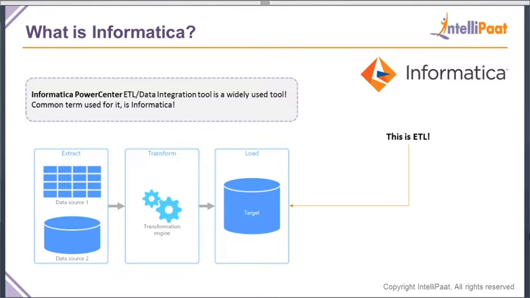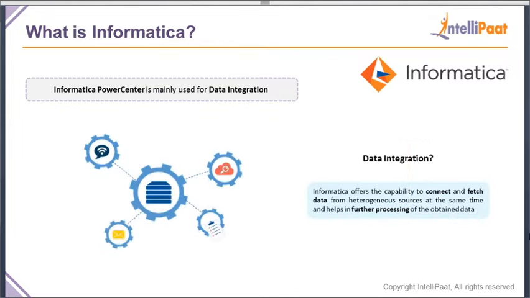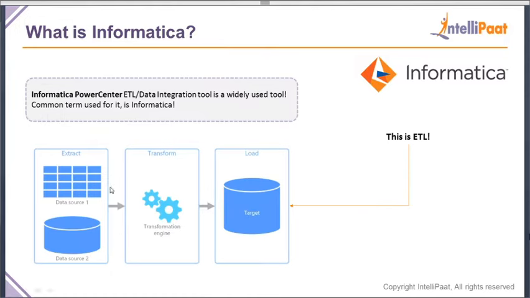Fine. The next two categories we have are connected and unconnected. Connected means there is a source, this is the source we have. This is the transformation we have, and then this is the target.